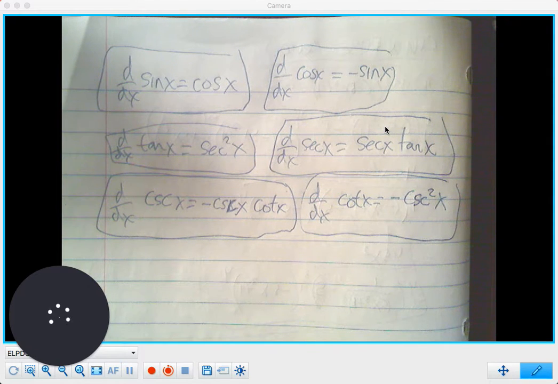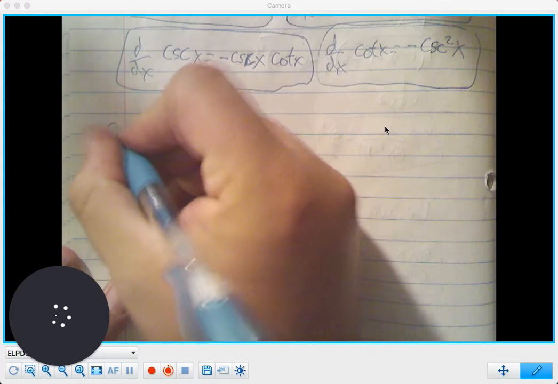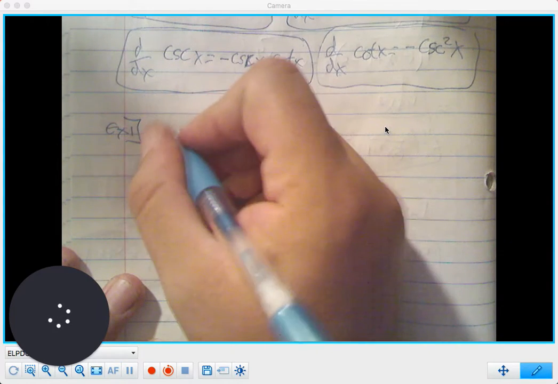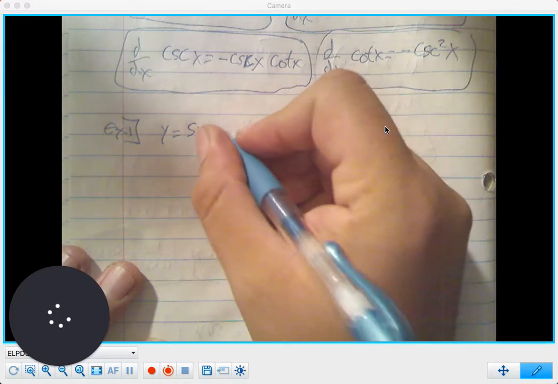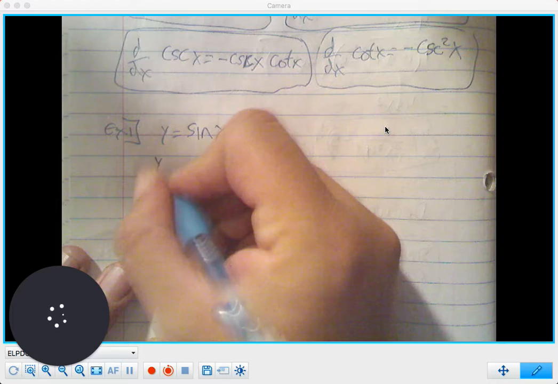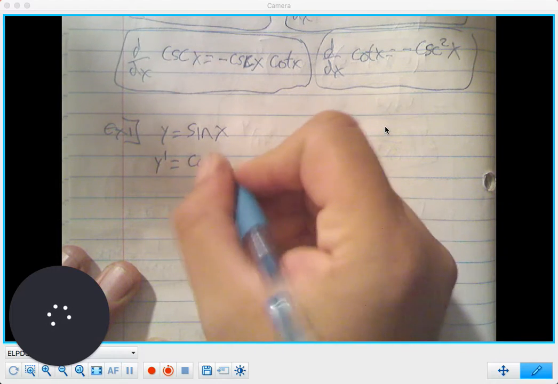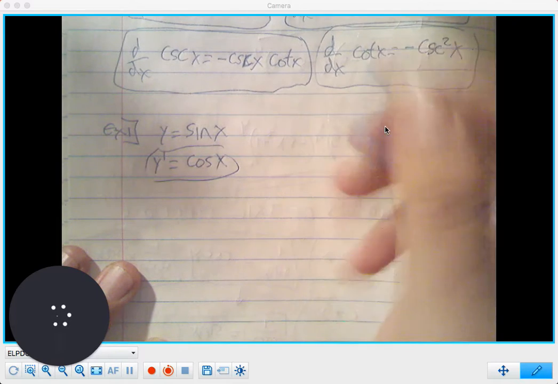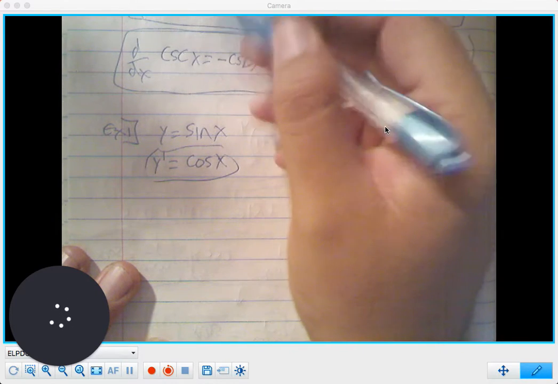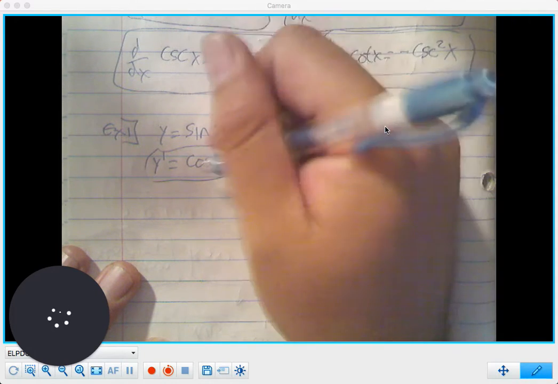Okay, so let's do the problems. Example 1. If you have y equals sine x, the derivative would be cosine x. That's simple. How do we know? Because we know the rule: the derivative of sine is cosine.